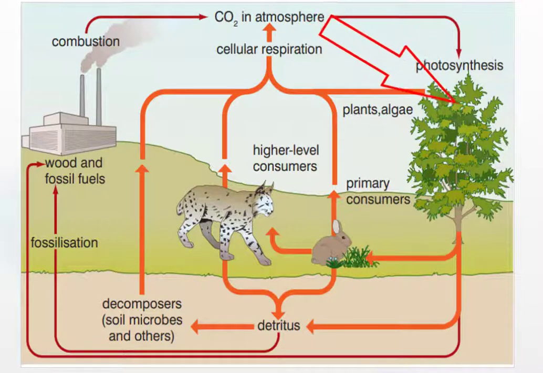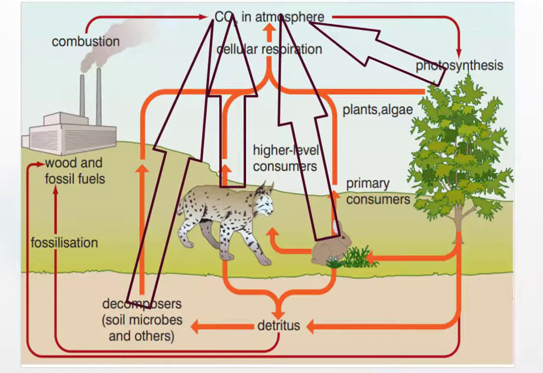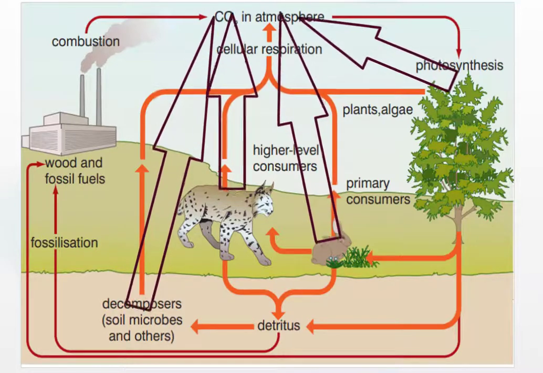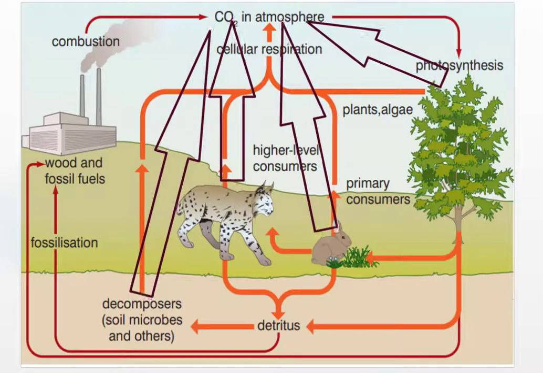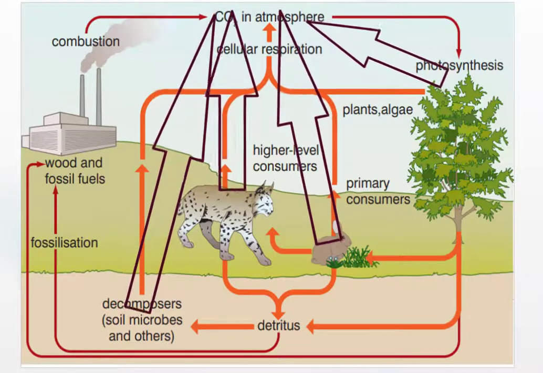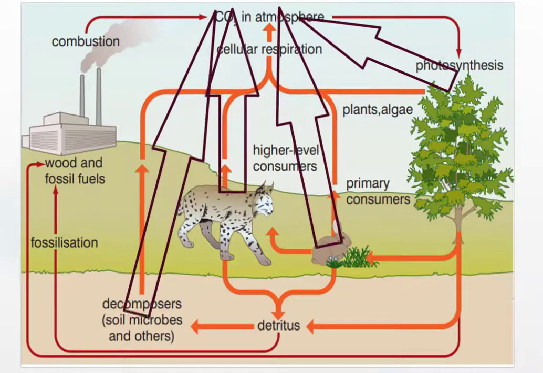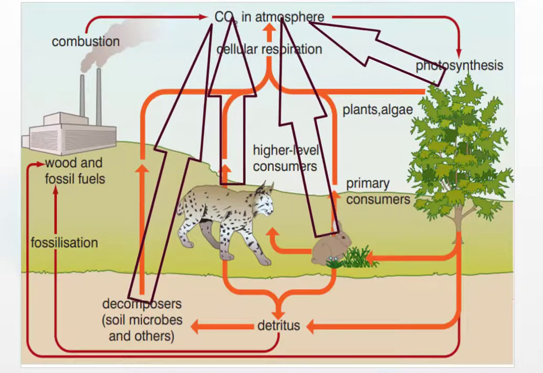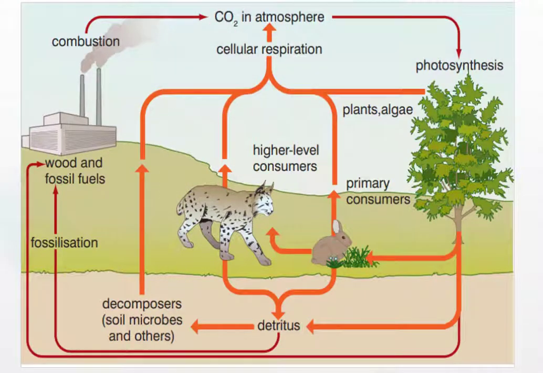Then the cells of oxygen-consuming producers and consumers carry out aerobic respiration, which breaks down glucose and other complex organic compounds and releases carbon back to the atmosphere and water in the form of carbon dioxide that can be reused by producers. This linkage between photosynthesis in producers and aerobic respiration in producers and consumers circulates carbon in the ecosphere and is a major part of the global carbon cycle.